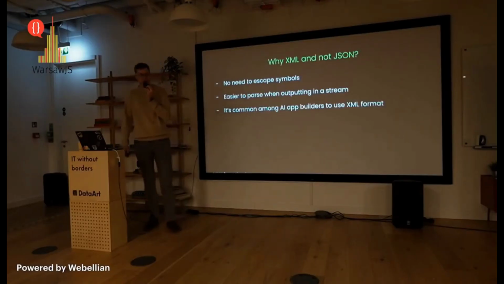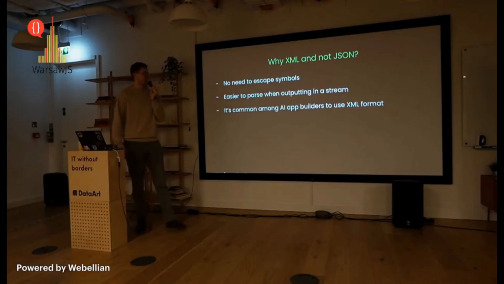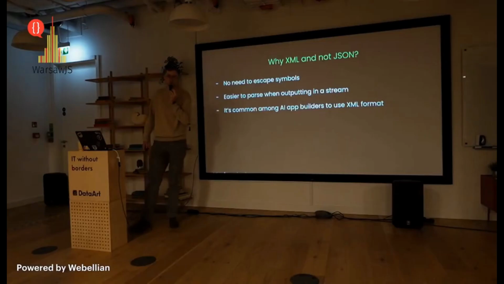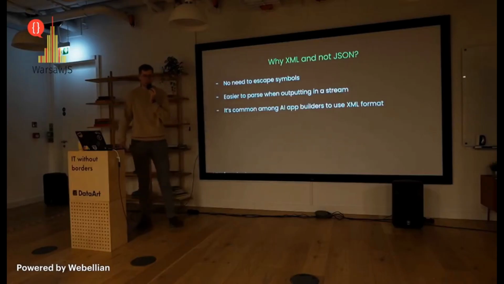And you might have a question, like why did we choose XML and not JSON, for example, because JSON is probably much more popular nowadays. Basically, just to make it simpler for AI, because AI will not need to escape symbols in XML format, so it means less chance of mistakes, which is always good.